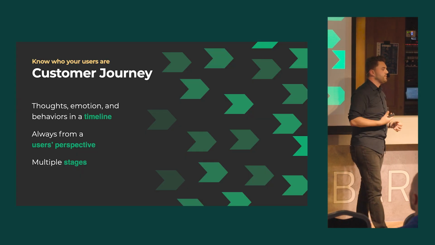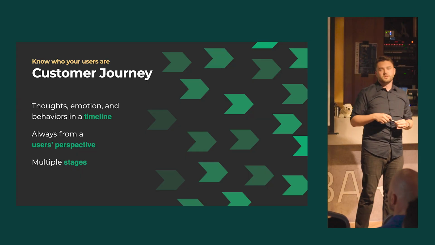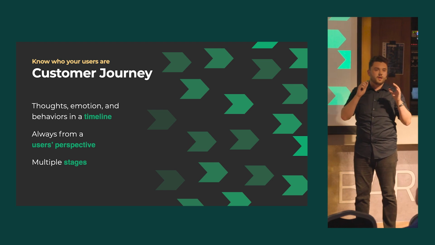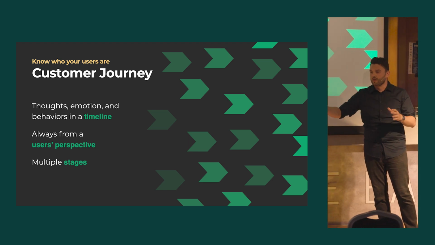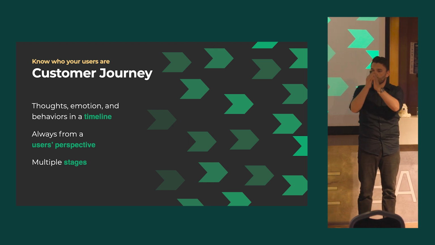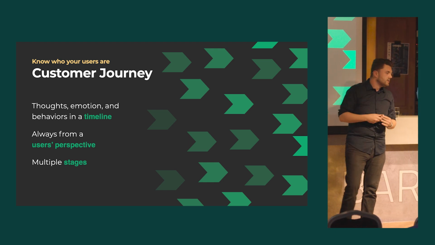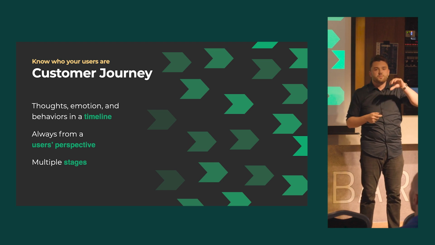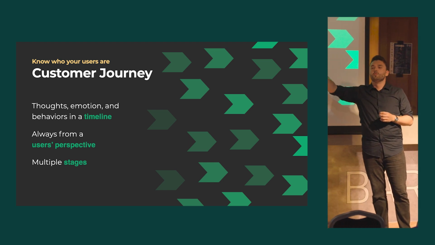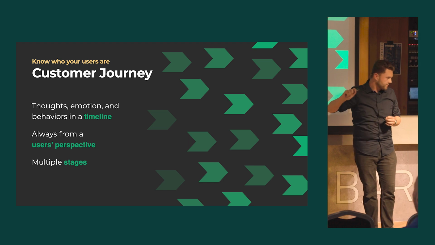And then you can take it one step further, and that's with the customer journey. That's basically putting the essence of a persona, but in a timeline, because experiences are always in linear time, not just one simple snapshot in time, where they map thoughts, behaviors, and feelings of a user in a particular moment during your experience.